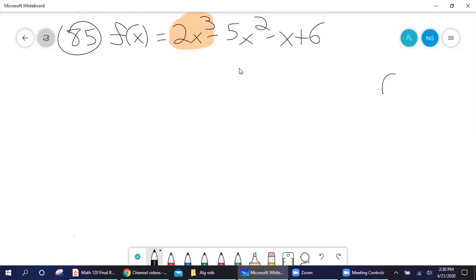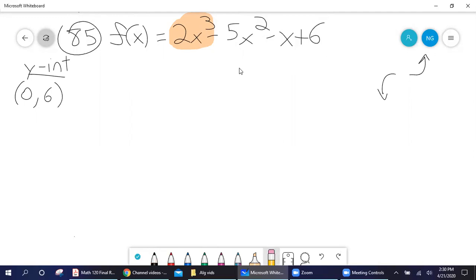That means this is going to fall to the left and rise to the right. The y-intercept is actually very easy. If I plugged in 0 for x, every term would cancel out except for the 6 at the end. So the y-intercept is (0, 6).